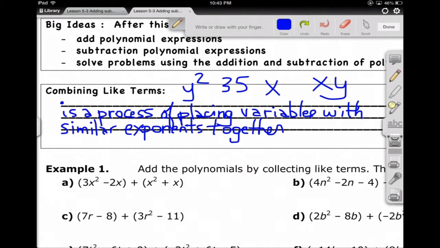So when we go to put variables with similar exponents together, that's one thing. When we look at the number 35 there, that's a constant. Well, you can combine constant values with other constant values. So if we had 35 and 2 more came in, we'd say, well, we have 35 plus 2, or 37. You'll see examples of this as we go along.